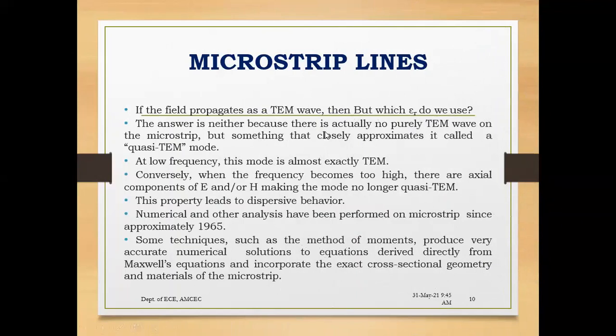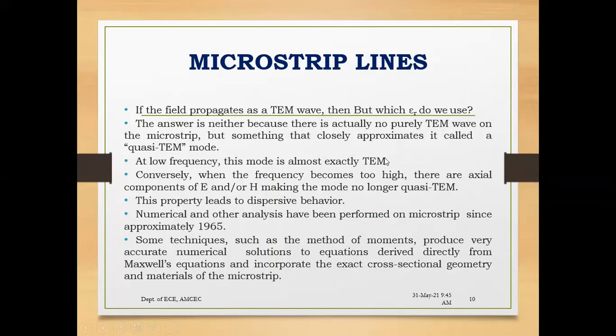Similarly, for construction, now we have seen if the field propagates as TEM, then which epsilon R do we have to use? The answer is neither, because there is no purely TEM wave on the microstrip. It is actually a quasi-TEM mode. At low frequency, this mode is almost exactly TEM.